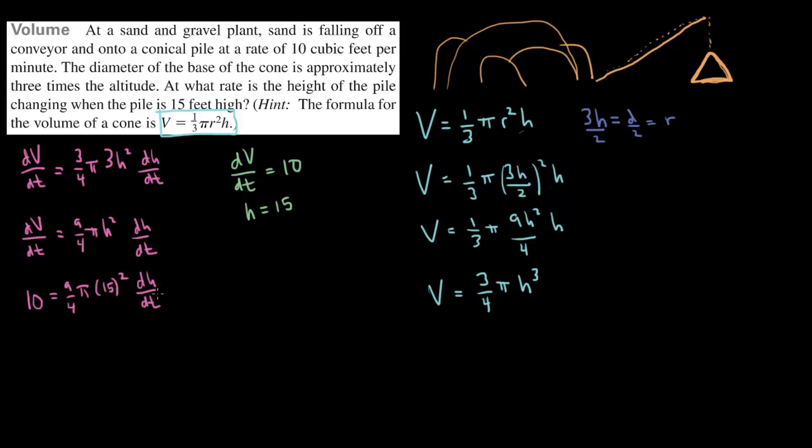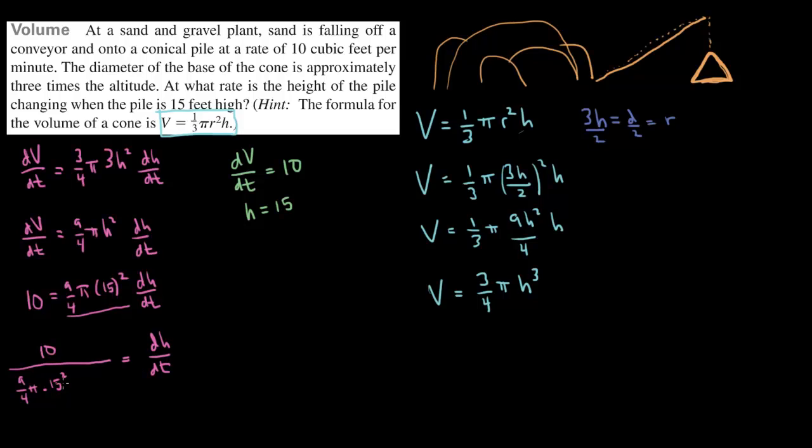So all we have to do is solve for dh dt by essentially dividing both sides by all of this stuff right here. So let's see here. 10 divided by 9 over 4 pi times 15 squared equals dh dt. Now we need to simplify that, of course.